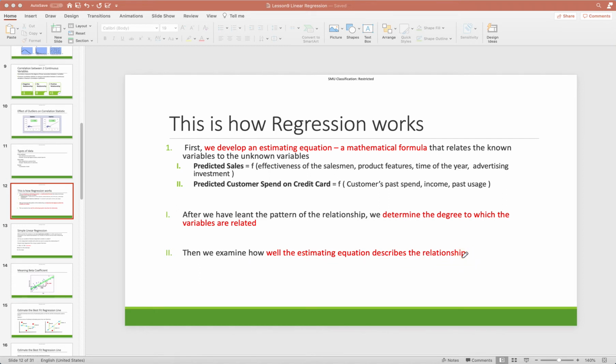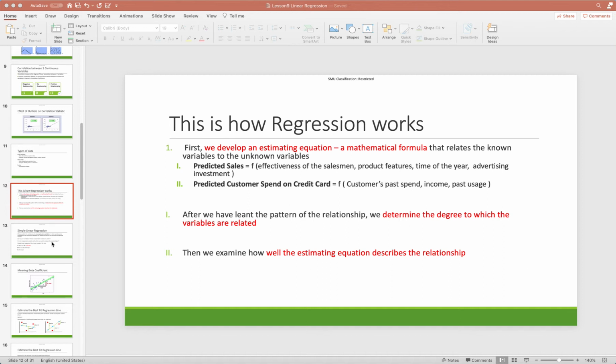The third step for any analytical technique, after you finish working on the analysis, you want to understand how well your results, or in other words your model, describe the relationship, or is it good enough, or maybe you need to iterate if your results are not that satisfactory. So those are the three things that we do when we come up with regression.